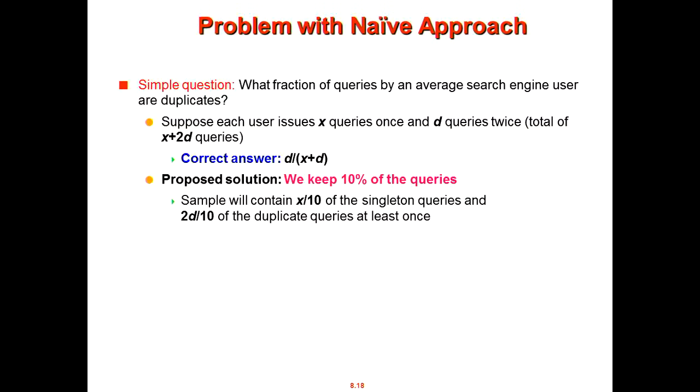Another copy is not sampled, right? So in order to do the computation, we need to count the number of distinct queries and the number of duplicate queries based on the sampled data. So this part, 10% of X queries, they are distinct.